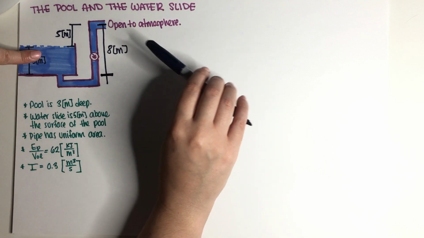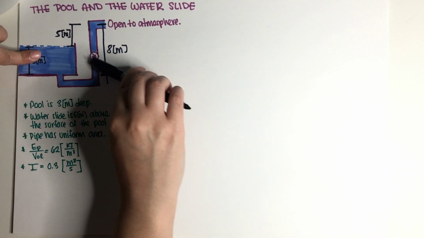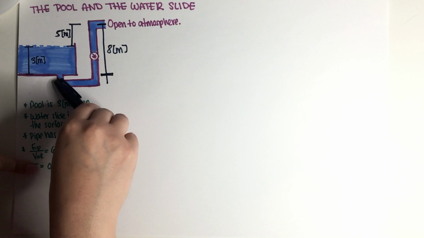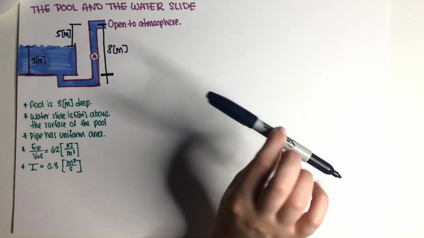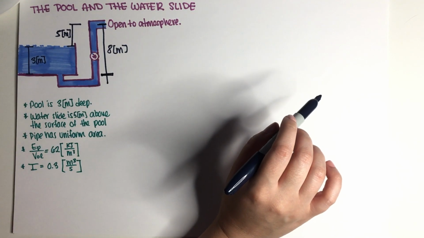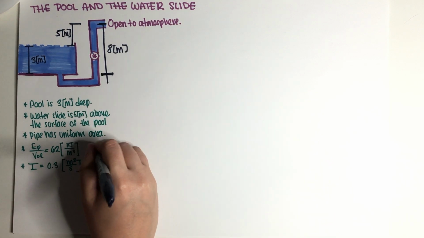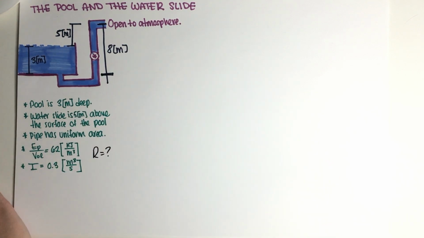The flow over here is 0, and then we actually get a number. So the flow over here is 0.3. And what we have to figure out is the resistance on the pipe. So let's go ahead and get started.